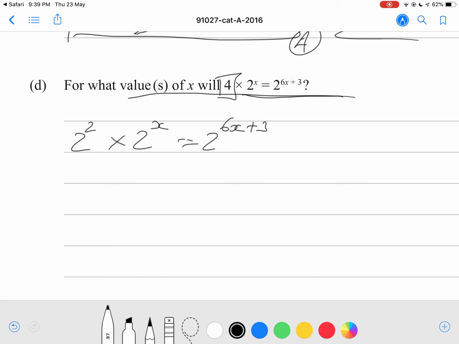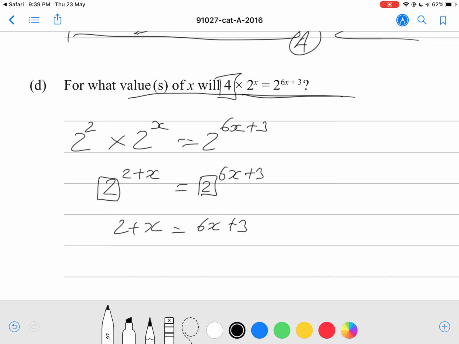Okay, so you know when you multiply the same base with different powers, you don't multiply them, you add them. So it's not 2x, it's 2 plus x. So therefore 2 to the power of 2 plus x equals 2 to the power of 6x plus 3. Because these two have the same base, we can remove the base 2 and say 2 plus x equals 6x plus 3.